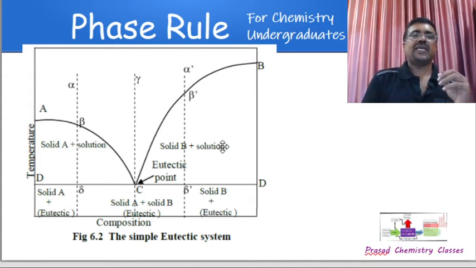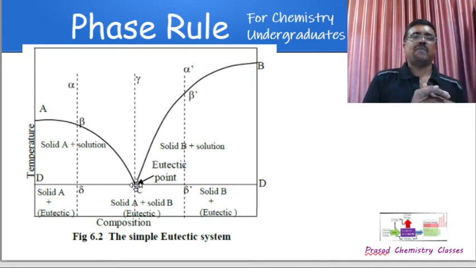Along the curve BC, solid B is in equilibrium with solution. If you apply the reduced phase rule, the curves AC as well as BC are univariate. C is where we have the liquid phase, solid A and solid B, that is the eutectic mixture, in equilibrium with each other. We consider it as an invariant point, a triple point.